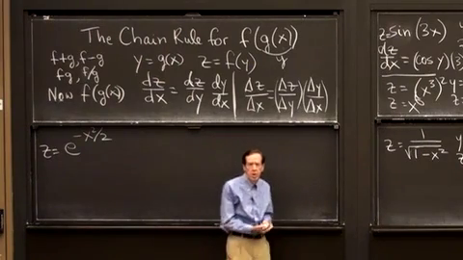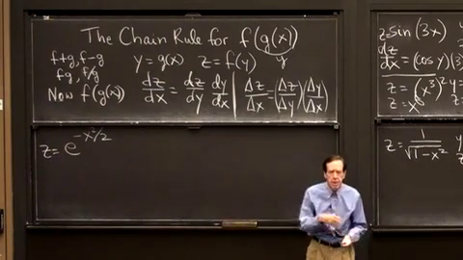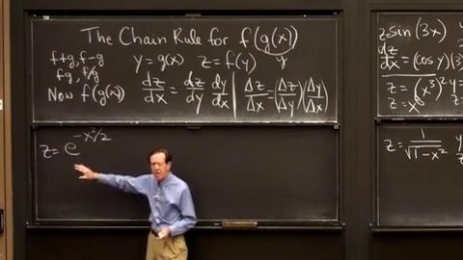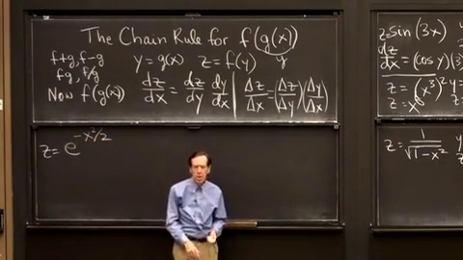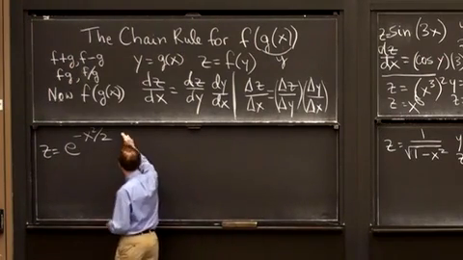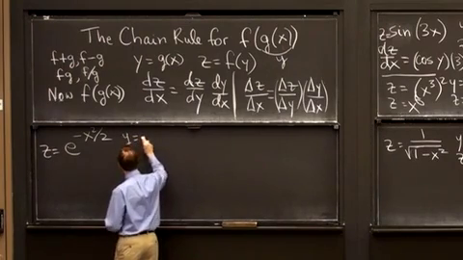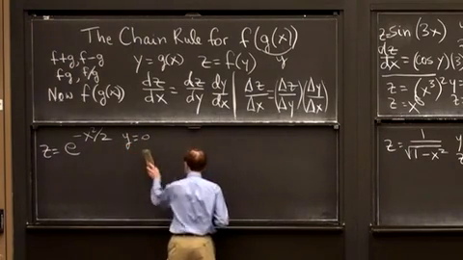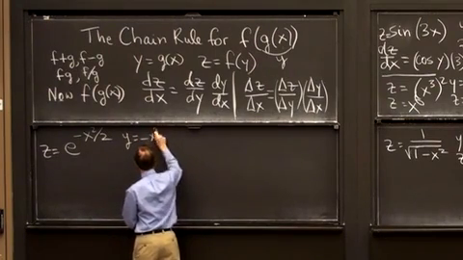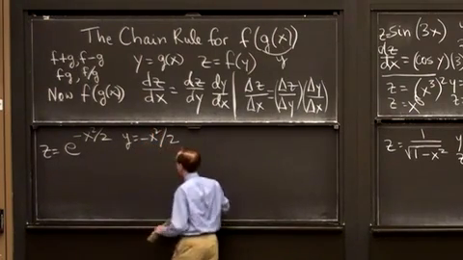Okay, so what are you going to take? This often happens. We have e to the something, e to some function. So that's our inside function up there. Our function y, the inside function, is going to be minus x squared over 2, that quantity that's sitting up there.